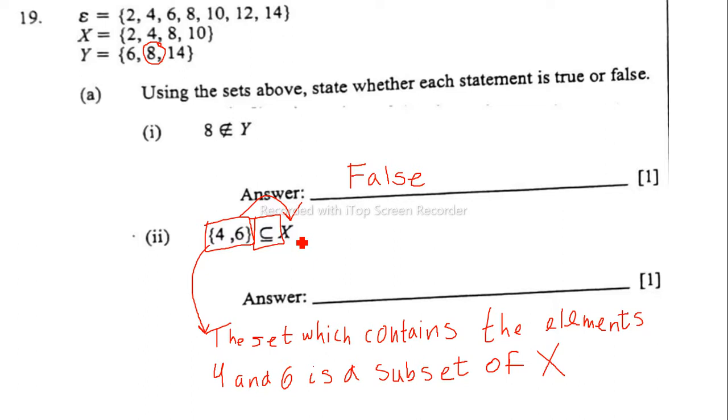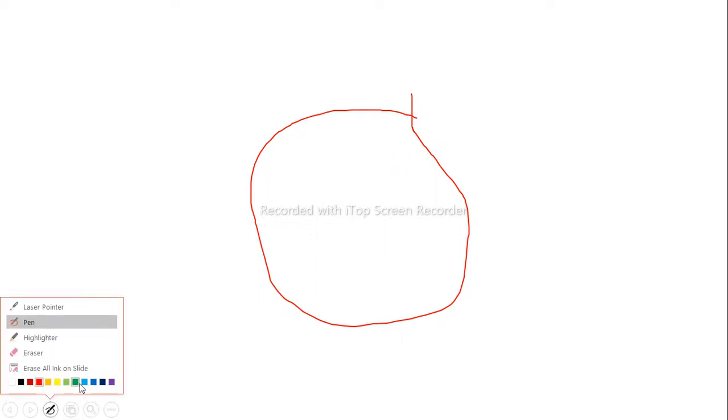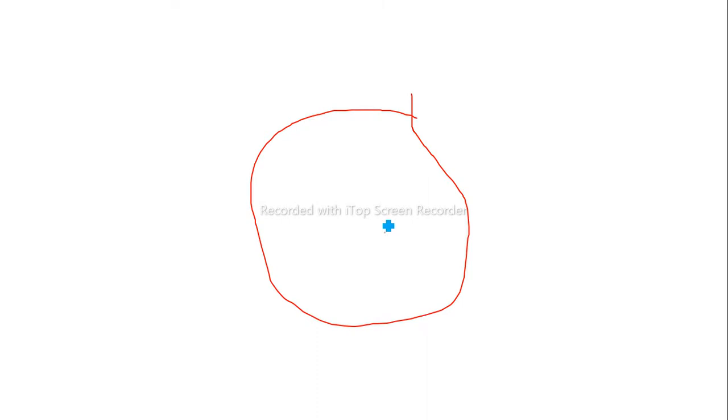That's basically the idea. Let me give you a pictorial example. If we have two sets, let's say we have this one, and then we have another one. The first one is in red, the second one is in blue. This one is A, this one is B. Which one is in which?